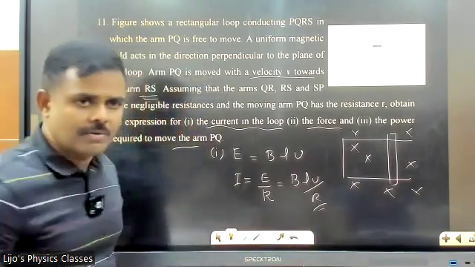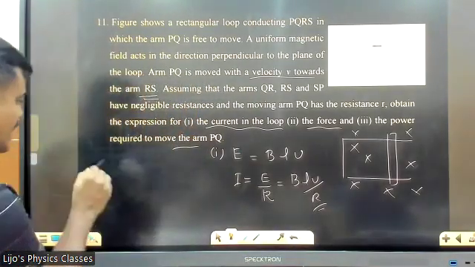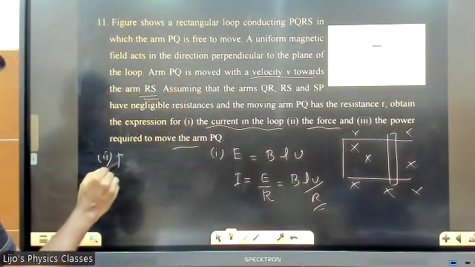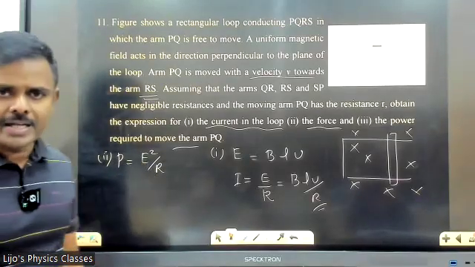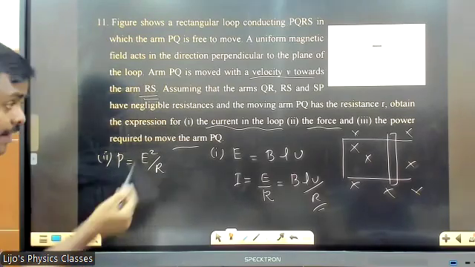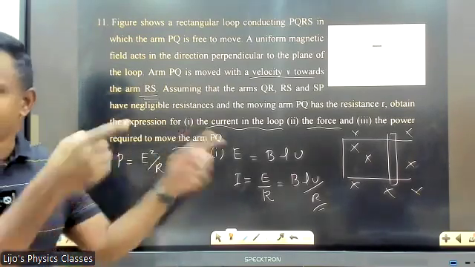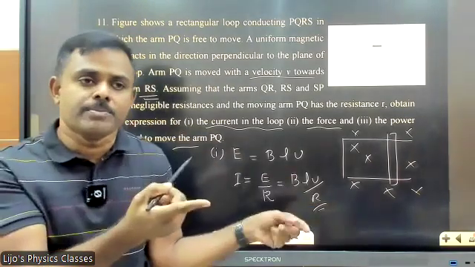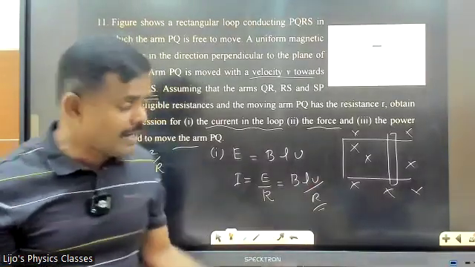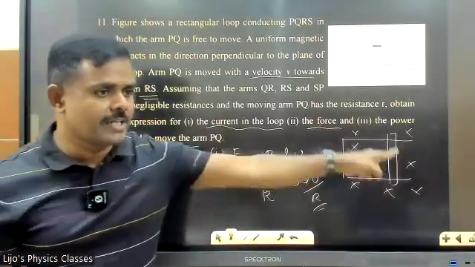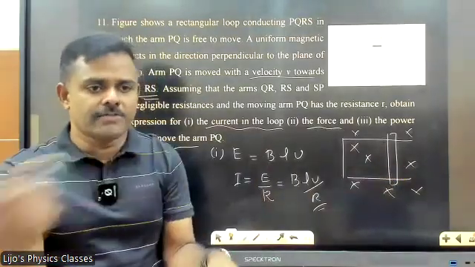I'm done with question number 1. Question number 2: they are asking you to find the power. I already wrote it. E square by R. After this, we will find force. They have given it in the wrong order, because before finding power, you can't find force. First they gave force and then power, but first you find power and then force.